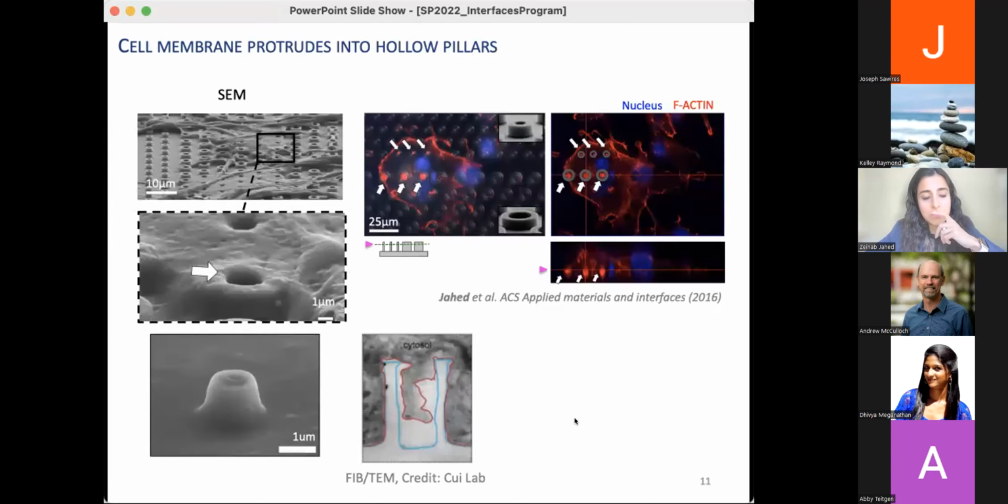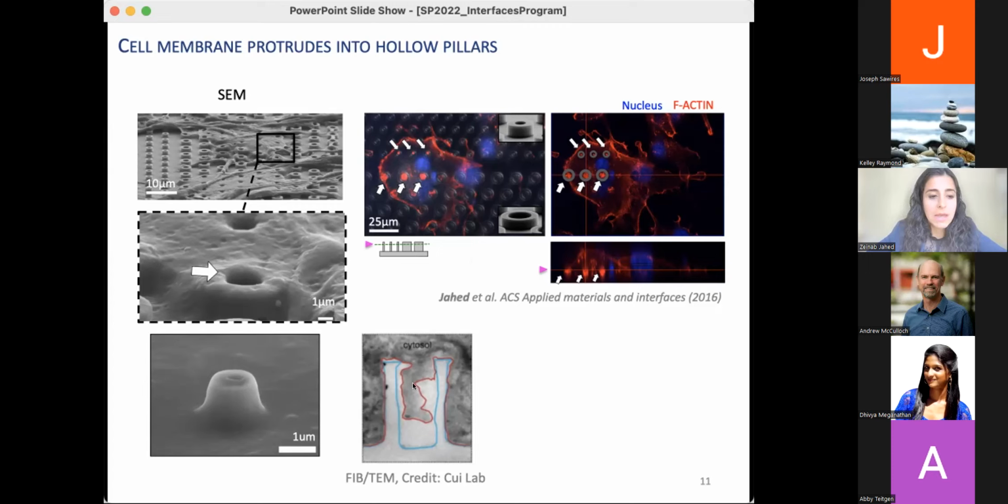We also showed that cells on hollow pillars can protrude into these hollow regions. If you put a cell on top of these hollow pillar structures, they can protrude their membrane into the hollow space. On the left is a scanning electron microscope image of this. On the right is fluorescent labeling, where you can see some cell membrane and F-actin in this case inside the hollow region of our nanopillars.